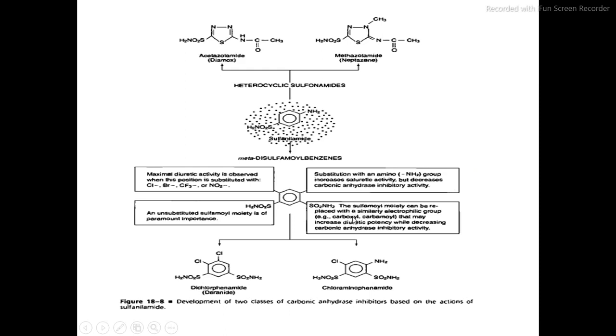Another sulfamyl group can be considered as a second moiety with respect to your first unsubstituted moiety. Now this sulfamyl moiety can be replaced with a similar electrophilic group. Example here, it is given as carboxyl carbamoyl, and that may increase the diuretic activity while decreasing the carbonic anhydrase inhibition activity.